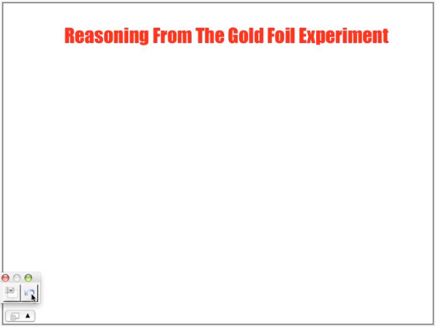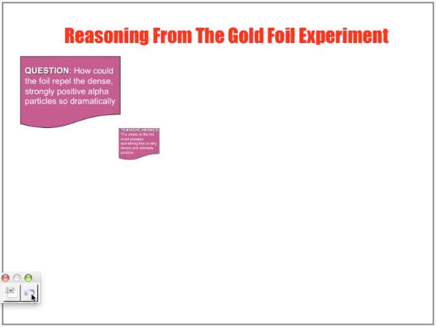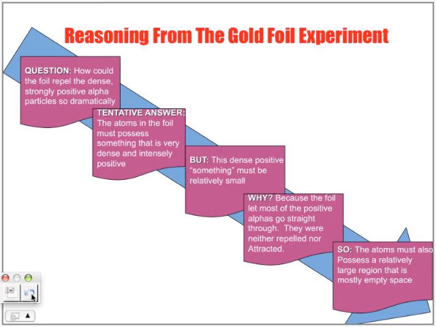So, reasoning from the gold foil experiment. Question: how could the foil repel the dense, strongly positive alpha particles so dramatically? The answer he had was that the atom in the foil must possess something very dense and intensely positive.